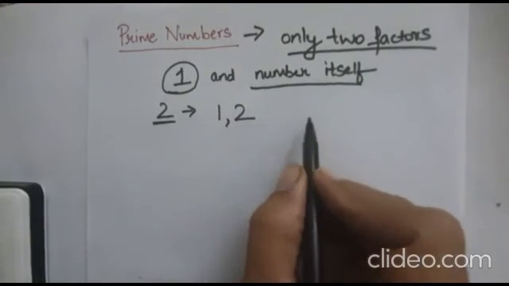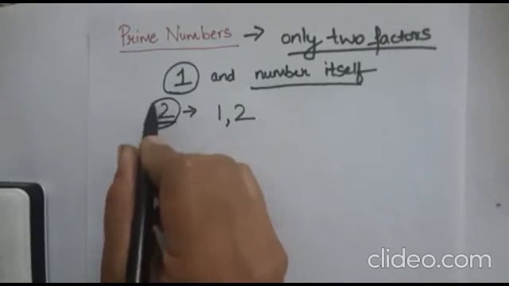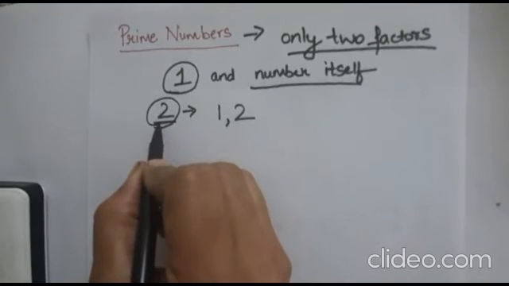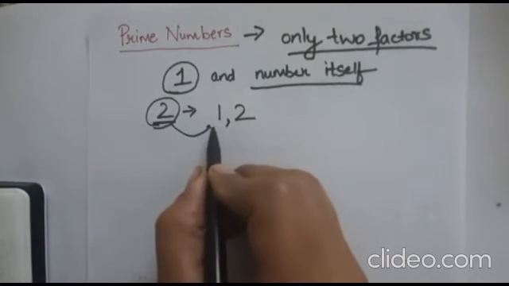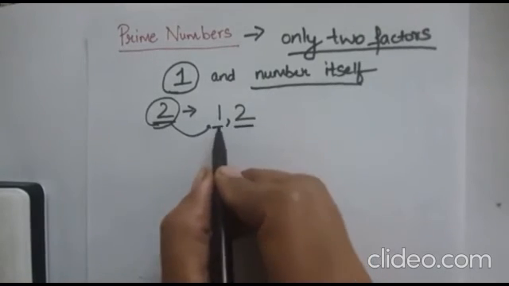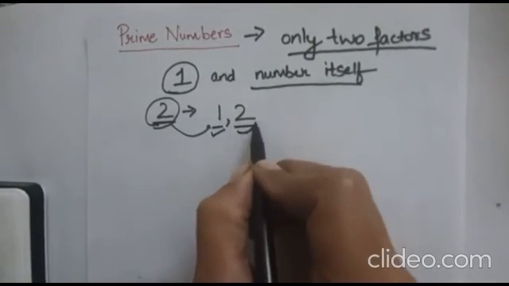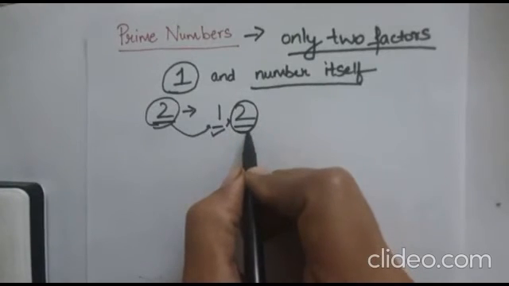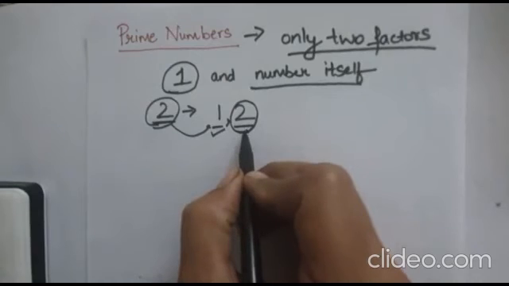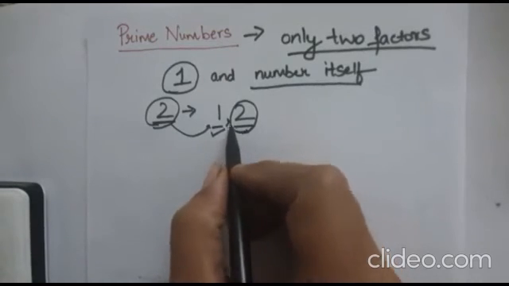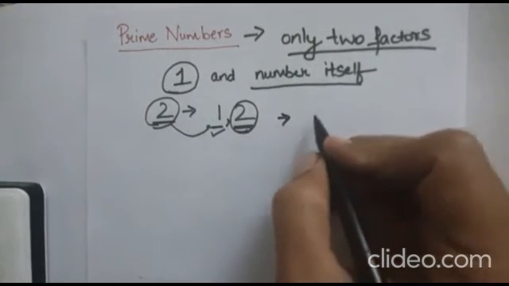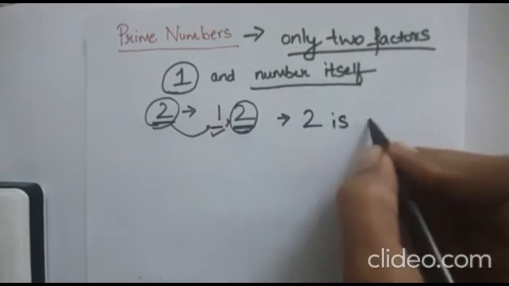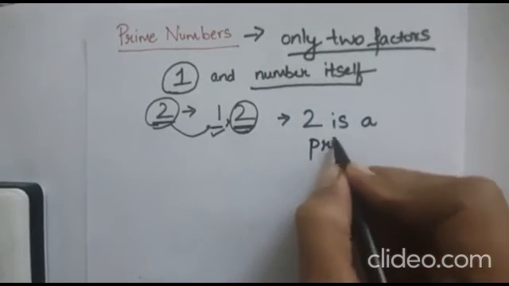Now, is there any table where 2 comes? Your answer will be no. It means 2 has only 2 factors, that is 1 and the number itself. So since it has 2 factors, 2 is a prime number.